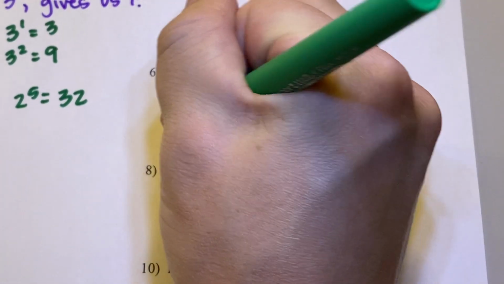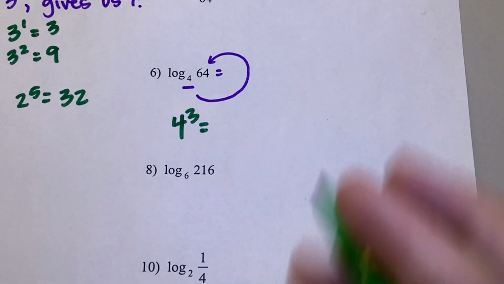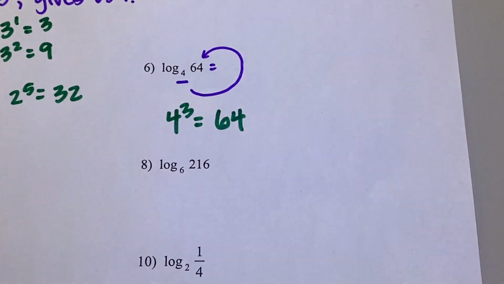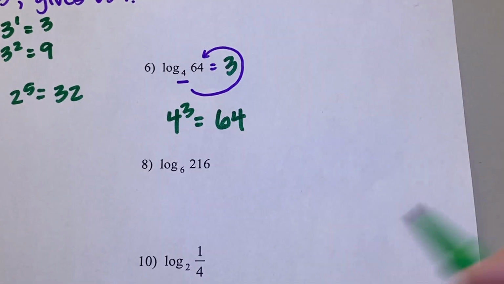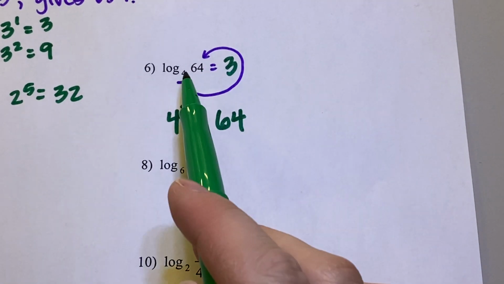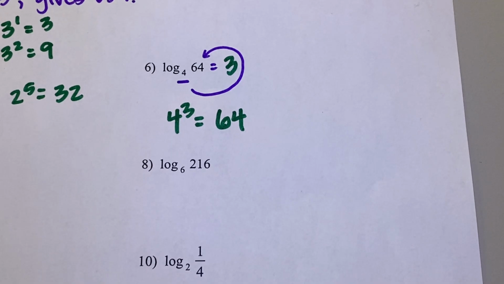Let's test it out. 4 cubed. 4 times 4 is 16. 16 times 4. What's that? Do it in your calculator if you need it. 64. So Isaac's absolutely right. Log 4 of 64 would be 3, because the power 4 to the 3rd gives us 64.